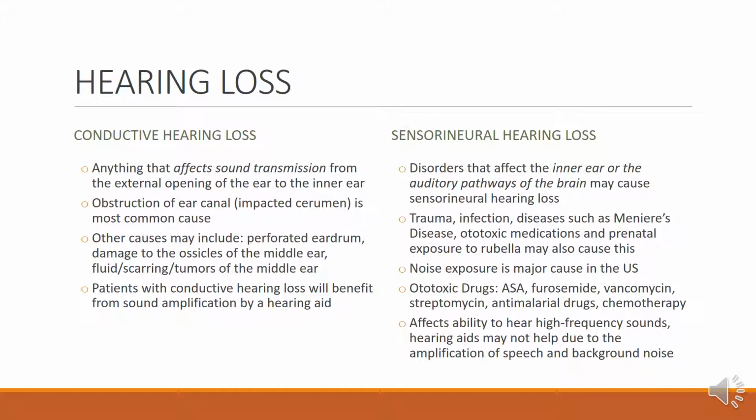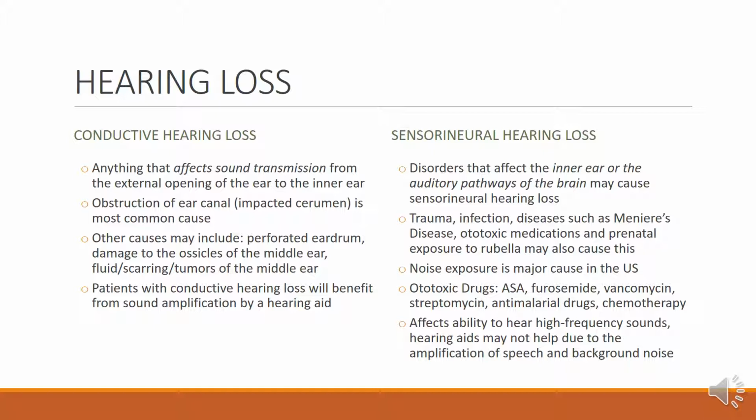This is the most common cause, but there can be other causes, including a perforated eardrum or tympanic membrane, damage to the ossicles of the middle ear, or fluid, scarring and tumors of the middle ear. Patients with conductive hearing loss are going to benefit from sound amplification by a hearing aid. That's a big thing to know, is that conductive hearing loss can be helped by using a hearing aid.